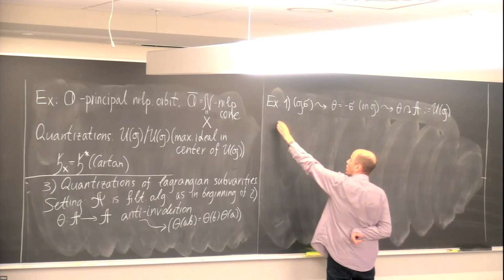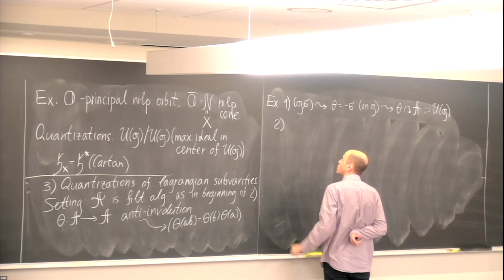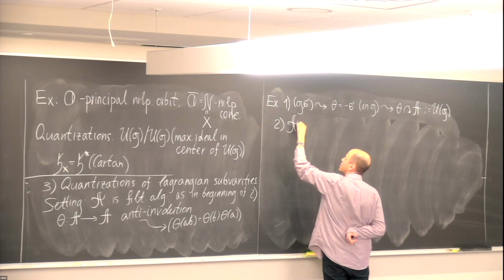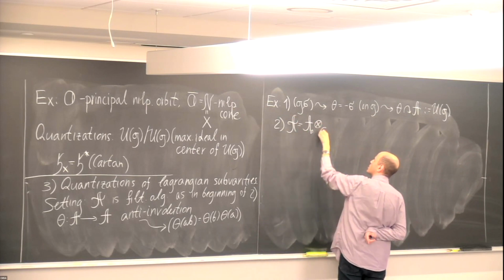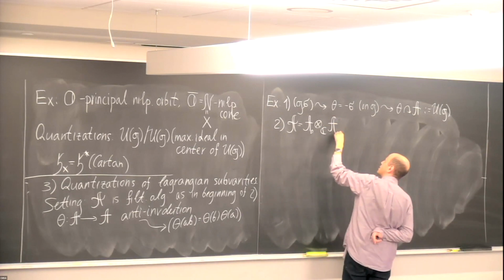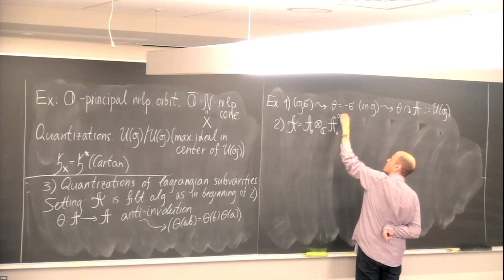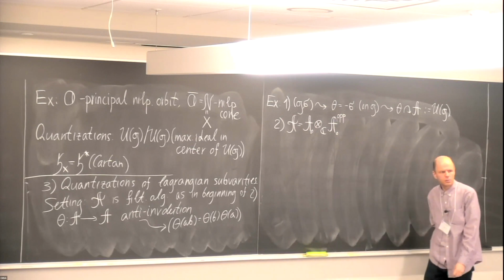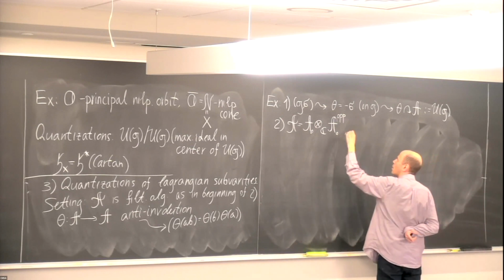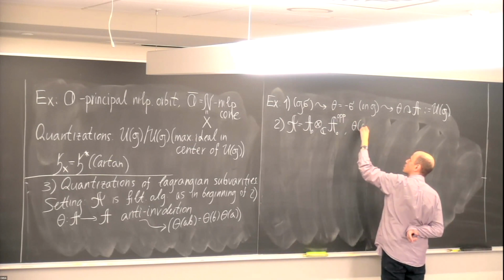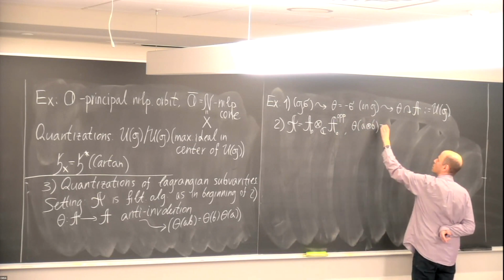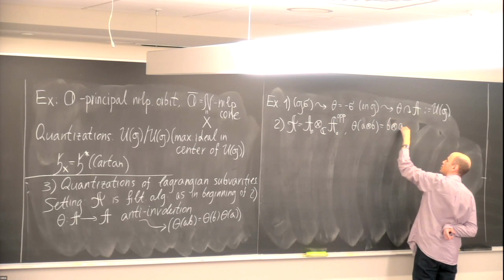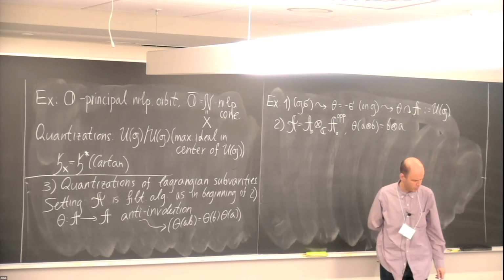Another example: let me take A to be the tensor product of two copies of the same algebra, where the second copy comes with opposite multiplication. And then I have an anti-involution which will send a tensor b to b tensor a. It's another example.